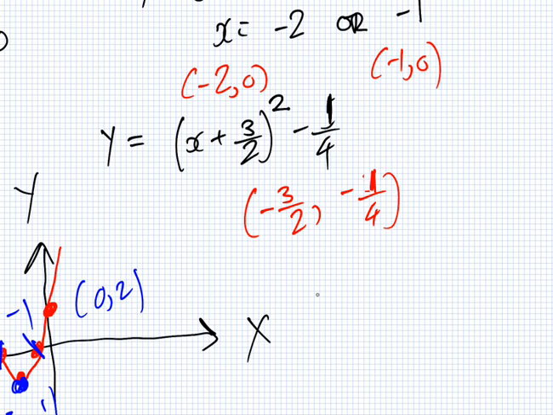So minus 2 I got here. Minus 1 I got here. 2 here. And if you look at the minimum, it's around about, let's zoom. Minus 1.5. And then minus 0.25, which is exactly what I got as well.